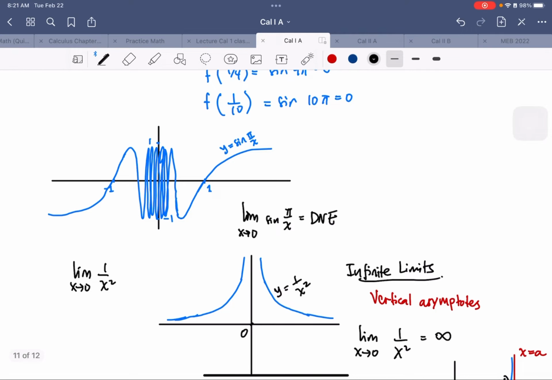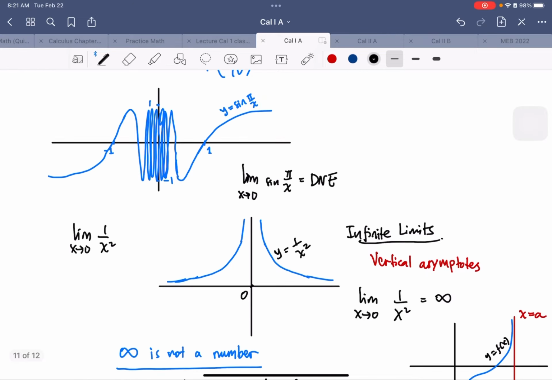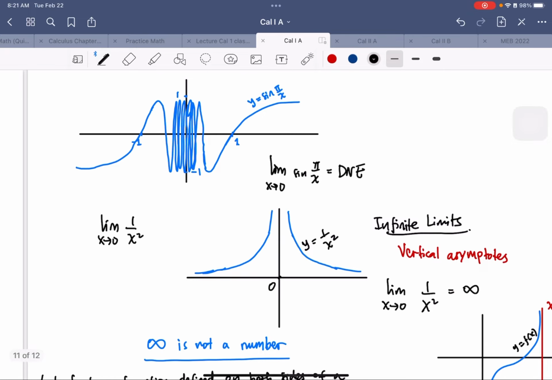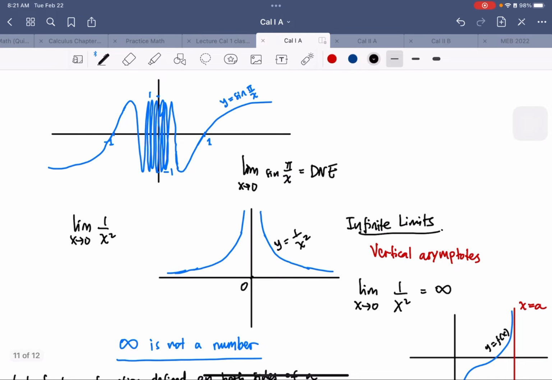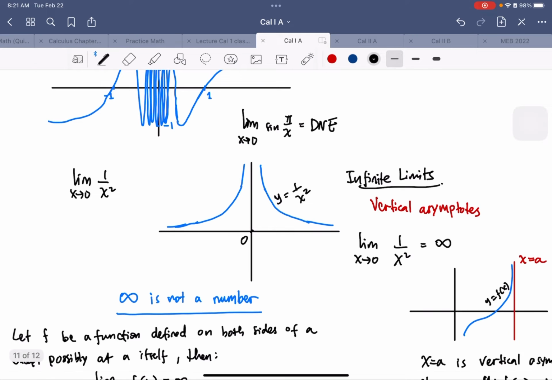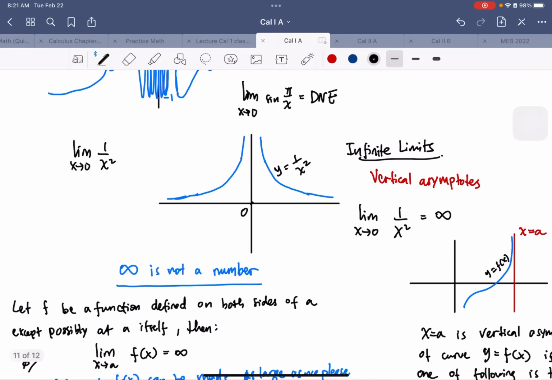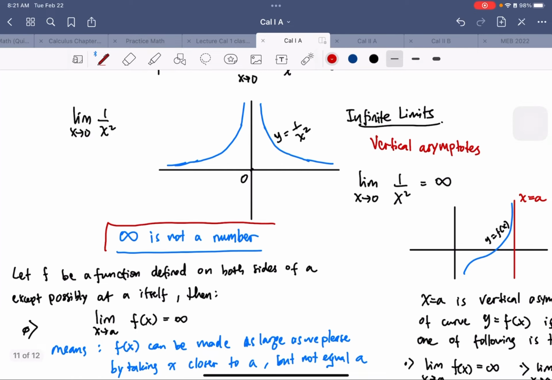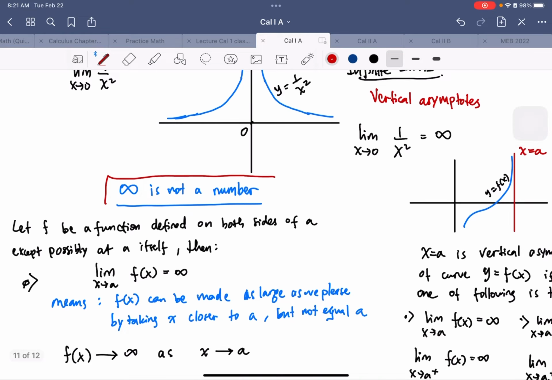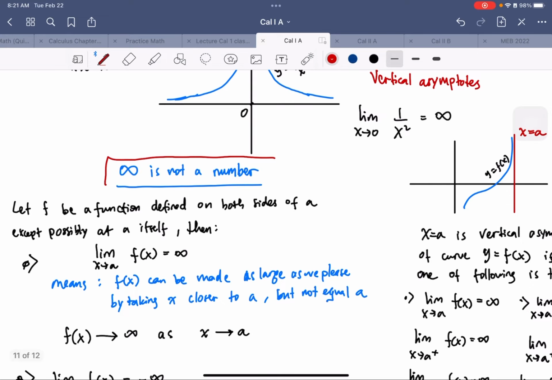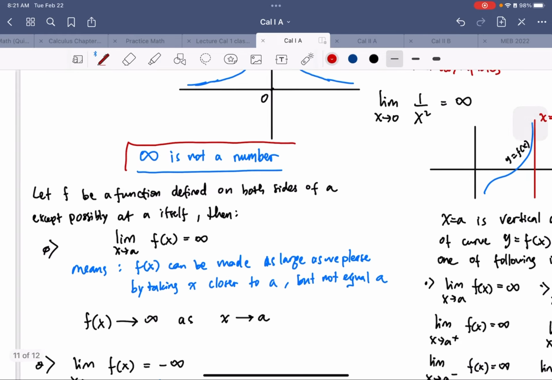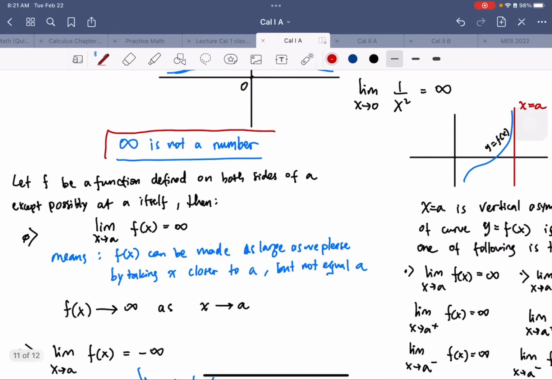So based on how close those numbers are, we learned some functions like sine of pi over x, where the limit as x approaches 0 does not exist. We also learned about infinite limits, and remember that the infinity symbol is not a number, it's an abstract idea. So when we write down infinity, it means that it can be made as large as we please.